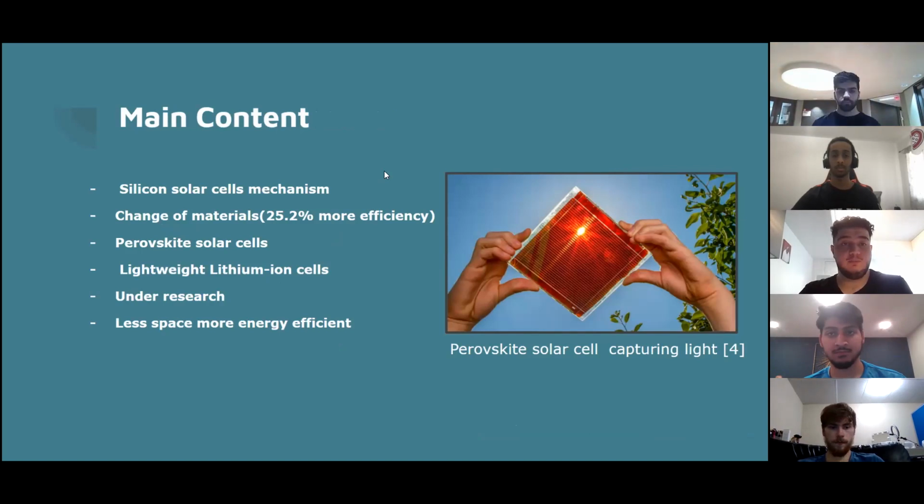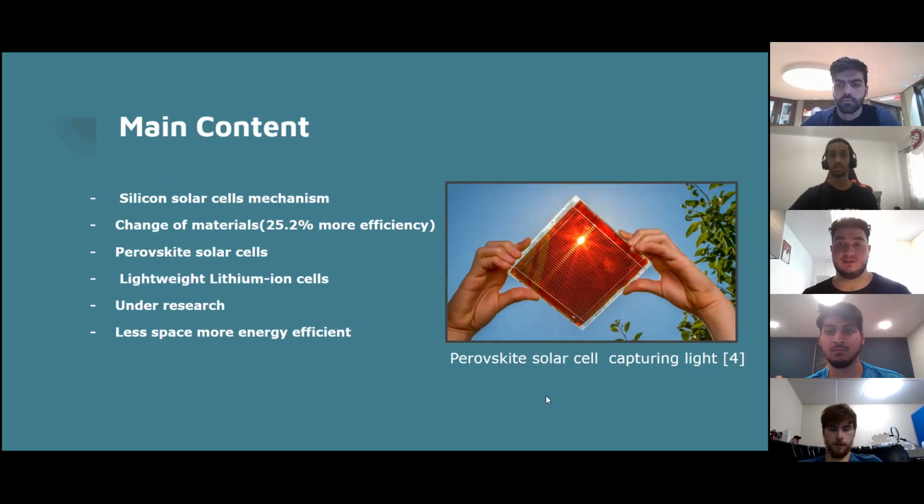As we're receiving more reason every day to use more renewable energy, I'm going to take a moment and talk about the mechanism and how the photoelectric effect can be more efficient. In order to discuss the solution to solar cell efficiency and energy storage, we must take into account the traditional design of silicon solar cells.